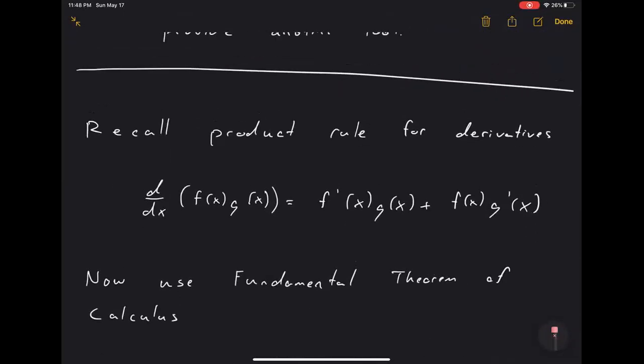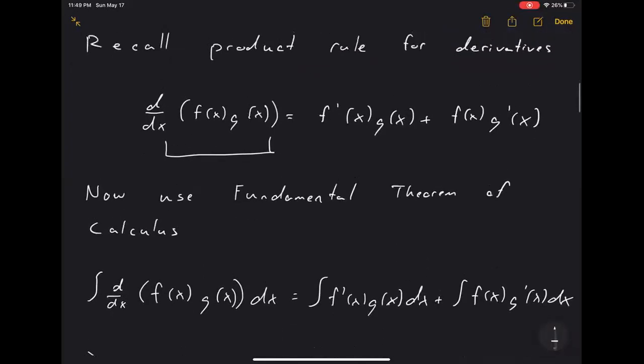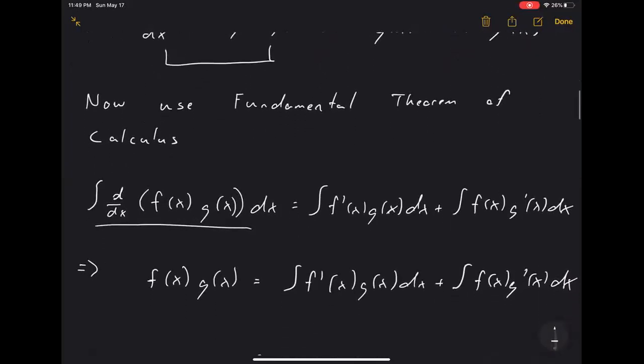What we basically need to know is that if we integrate this left side, the integral and the derivative are going to cancel out. Let's just move down the left side for a second. If I integrate that left side, I'm just going to be left with f of x times g of x.